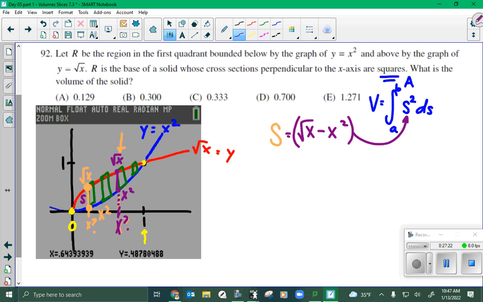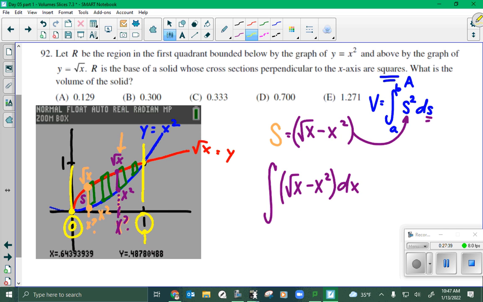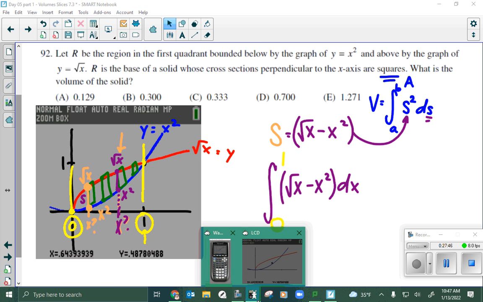Okay, so volume is the integration of square root of x minus x squared dx, because we're going to use x's now, my bounds from 0 to 1. And let's just put that in the calculator and hit enter.